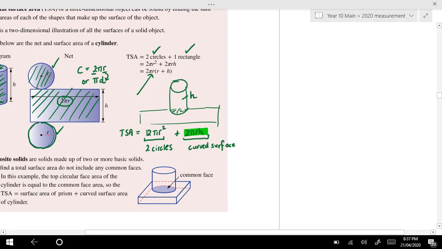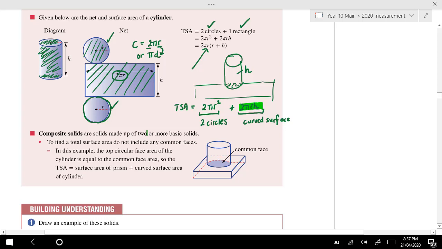Now, later on we'll look at composite solids though. Just be careful, because if you go ahead and find a surface area, you notice in here we've actually got 4 rectangles which all have the same dimension. We have a consistent cross-section, and we've also got the base there and another, so we've got 6 sides.